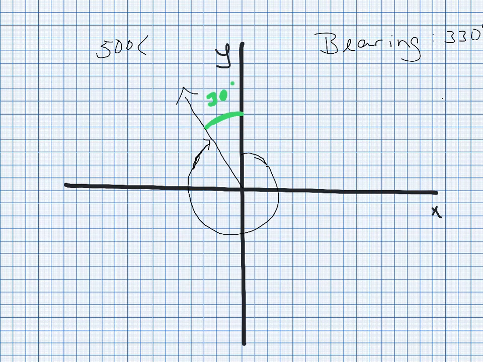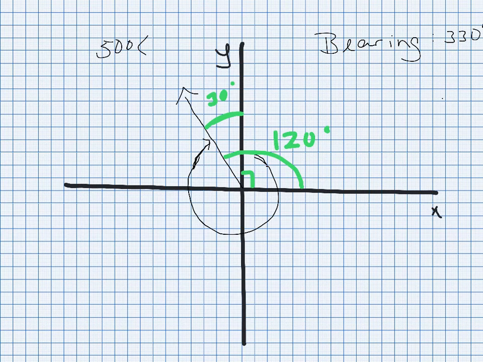Add that to 90, right, because that angle is 90 degrees. This angle is 120 degrees. So it's just one of the math gymnastics things that you're going to have to do to convert angles or bearings back and forth.